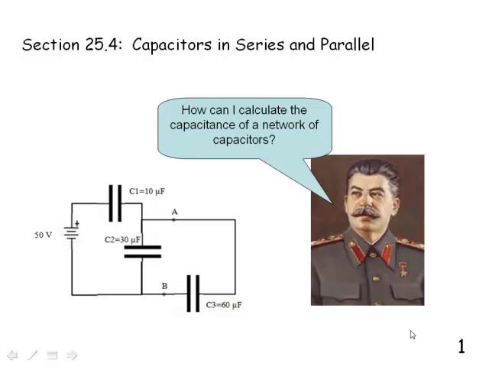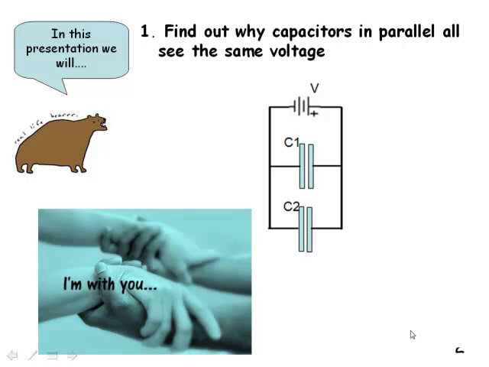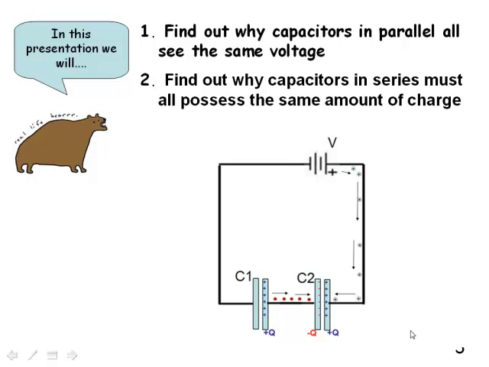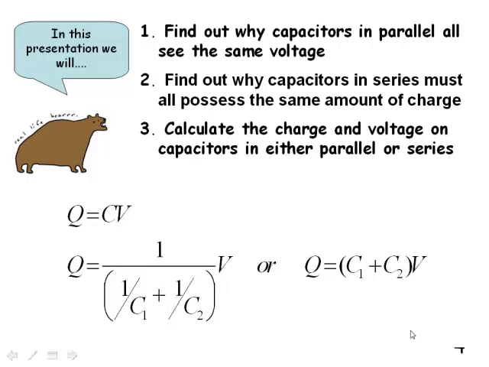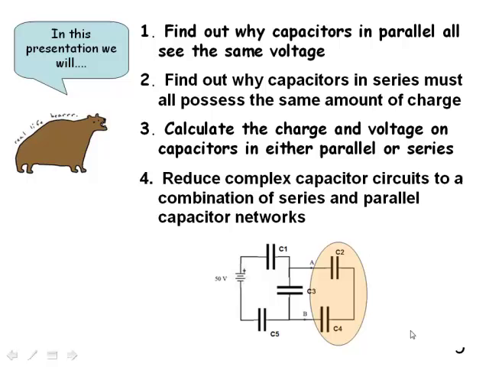I'm Dr. Steve Brule. In today's lesson we're going to learn how to calculate the capacitance of a network of capacitors. We'll find out why capacitors in parallel see the same voltage. We'll find out why capacitors in series must all possess the same amount of charge. We'll calculate the amount of charge and voltage on capacitors either in series or parallel.